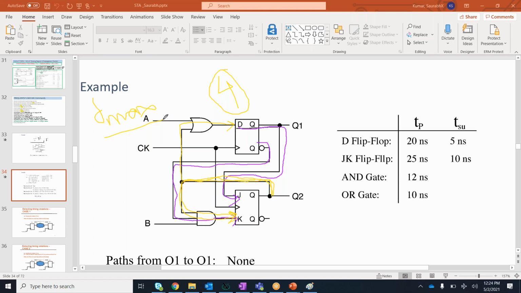Yes, sir. To find the maximum frequency, I have to find the minimum time period for which I will not have the setup violation among all the paths. So I should have a time period using which all the 4 paths which we have in this circuit should not have the setup violation.